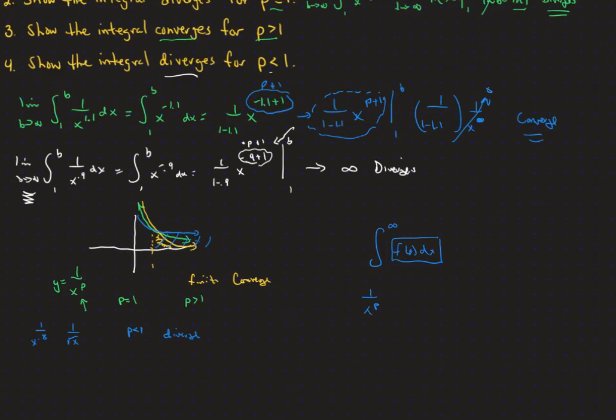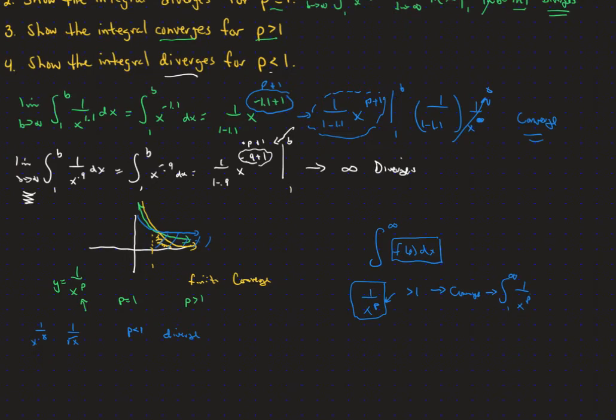If it is, and if that thing it's going to act like has an exponent that is greater than 1, we're going to suspect that it's going to converge, and we can try to find a comparison function, 1 over x to the p, that converges.